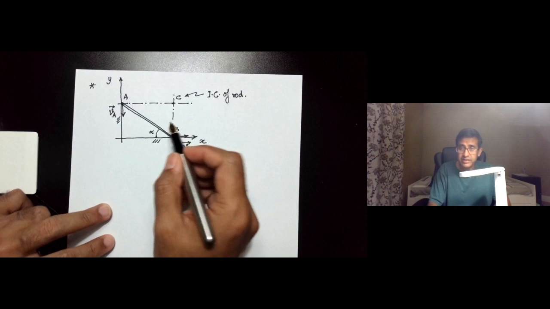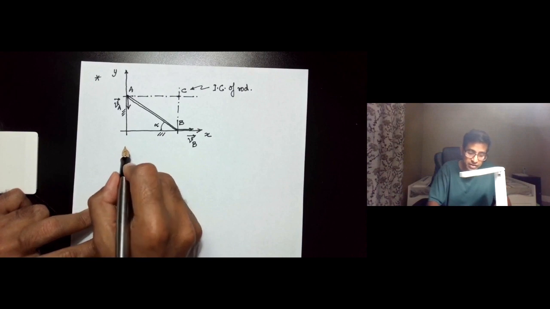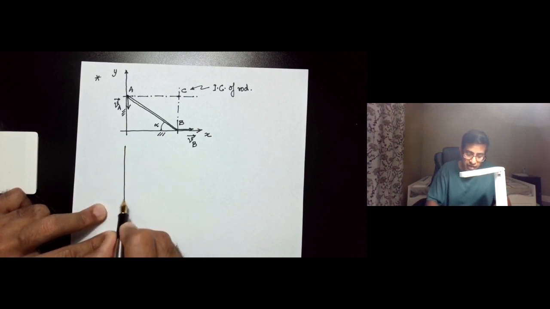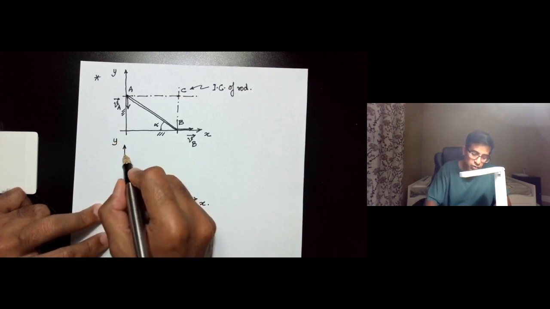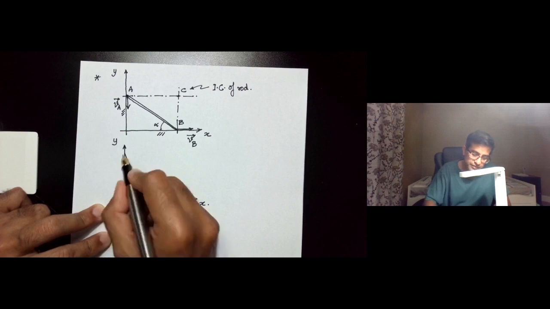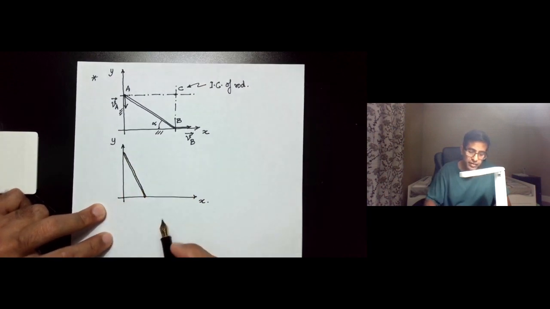Now the instantaneous center itself changes because as the rod moves, let's say we consider another instant, a prior instant, let's say, where the rod was like this, right?